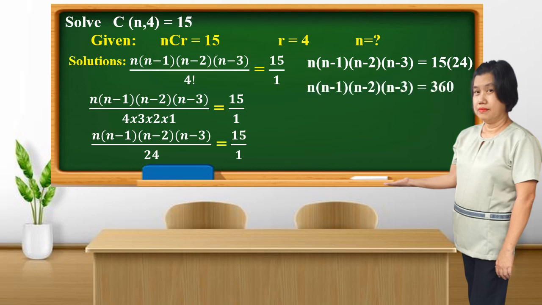And 15 times 24 is 360. You think of 4 consecutive numbers that will be equal to 360. And that is 3 times 4 times 5 times 6. So we have n times n minus 1 times n minus 2 times n minus 3 is equal to 3 times 4 times 5 times 6. So n is equal to 6.